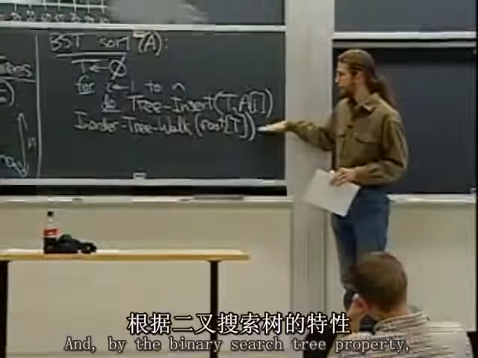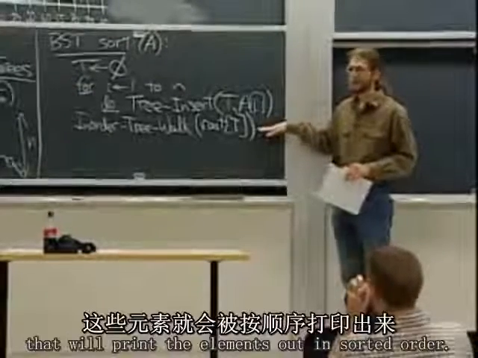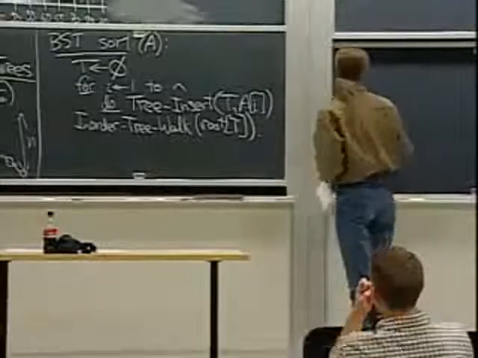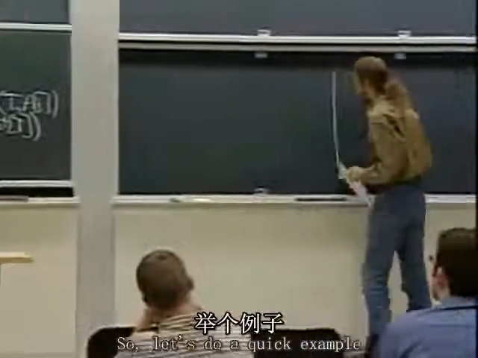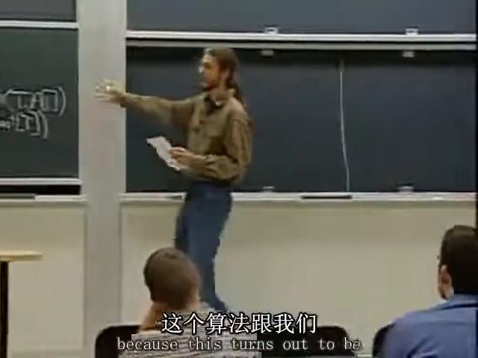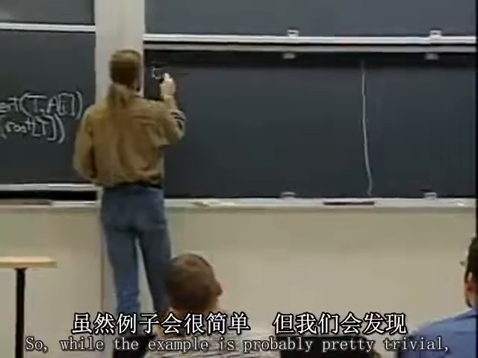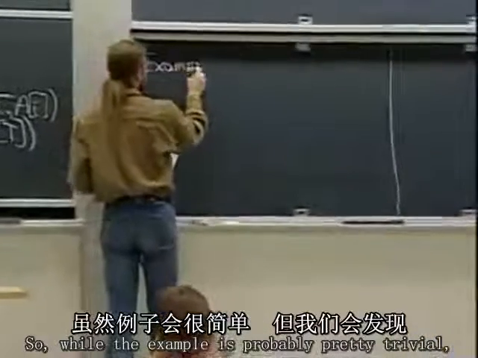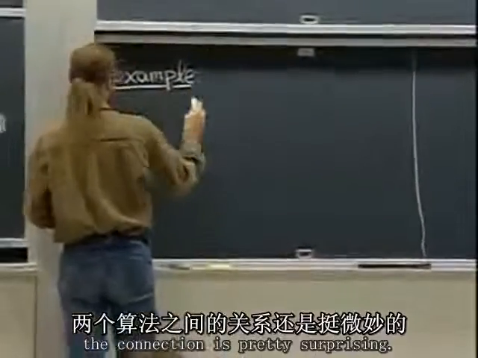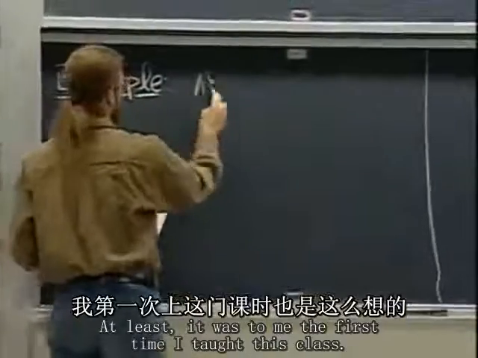And by the binary search tree property, that will print the elements out in sorted order. So let's do a quick example, because this turns out to be related to another sorting algorithm we've seen already. So while the example is probably pretty trivial, the connection is pretty surprising. At least it was to me the first time I taught this class.